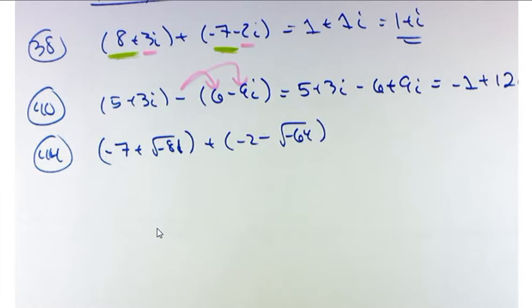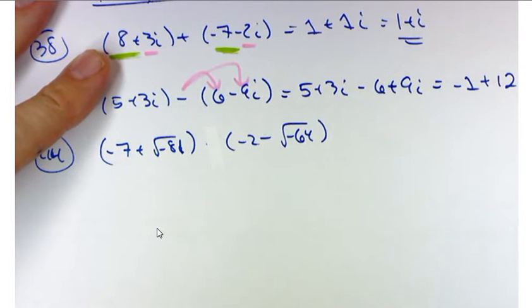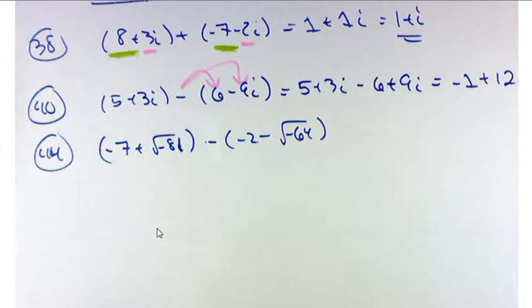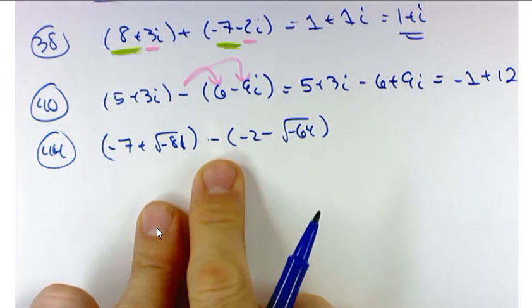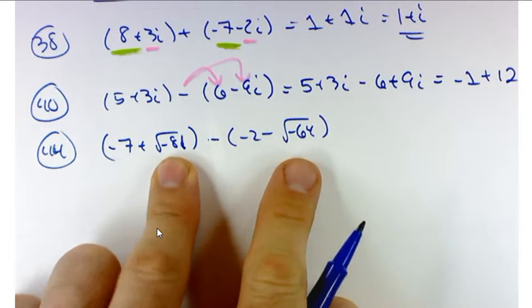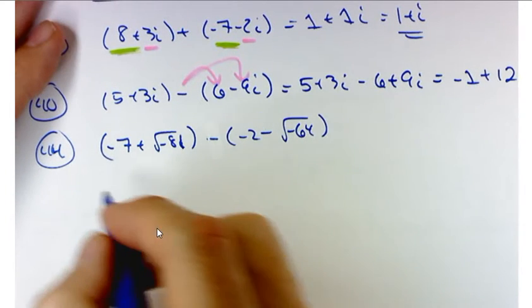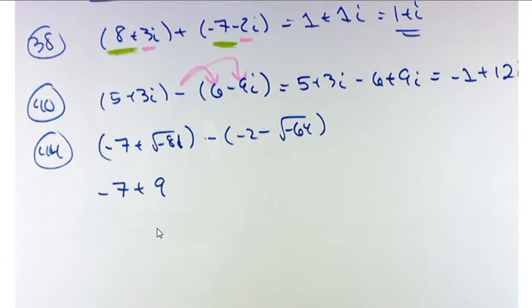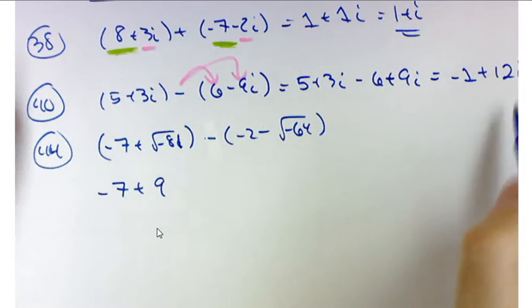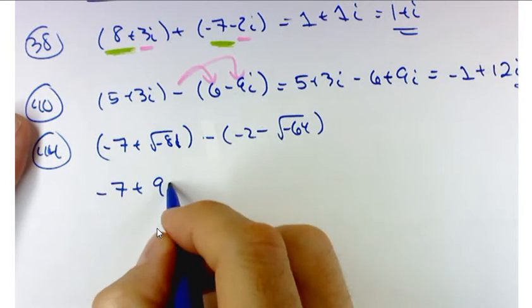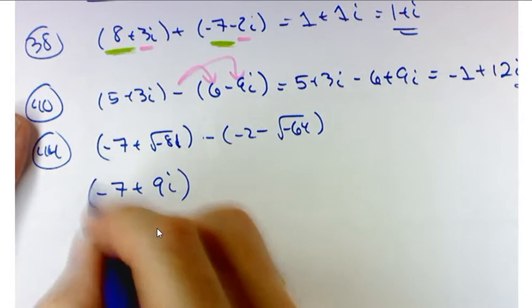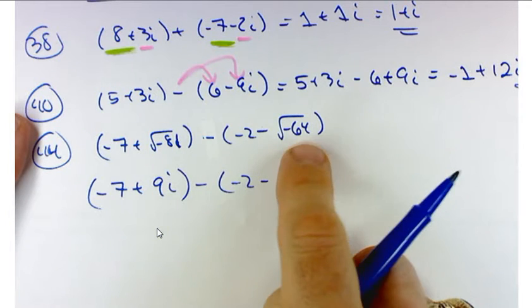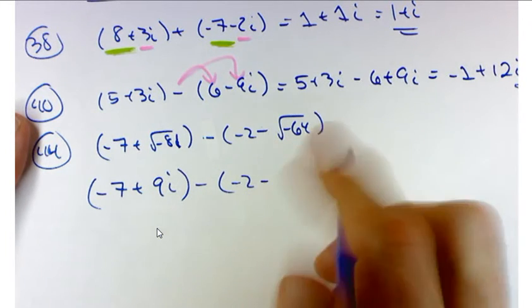Let's see. It's just a little Photoshop real quick. There we go. Minus. Before I worry about distributing the minus, though, Lauren, can you simplify the square root of -81 for me? Just 9? 9i. Yeah. There you go. So 9i minus -2 minus, how about the other one? 8i.